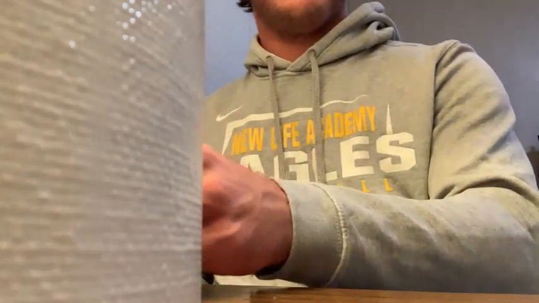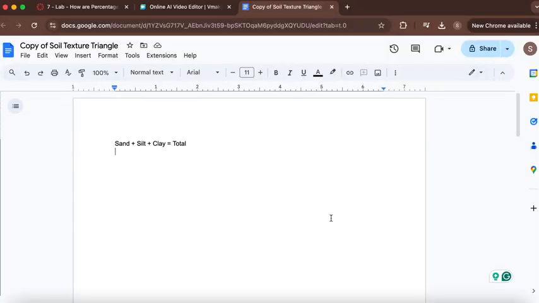And then the markings between 1 and 2 is about 18 millimeters. And then the markings between 2 and 3 is about 30 millimeters. To make the calculations for the percentages here.